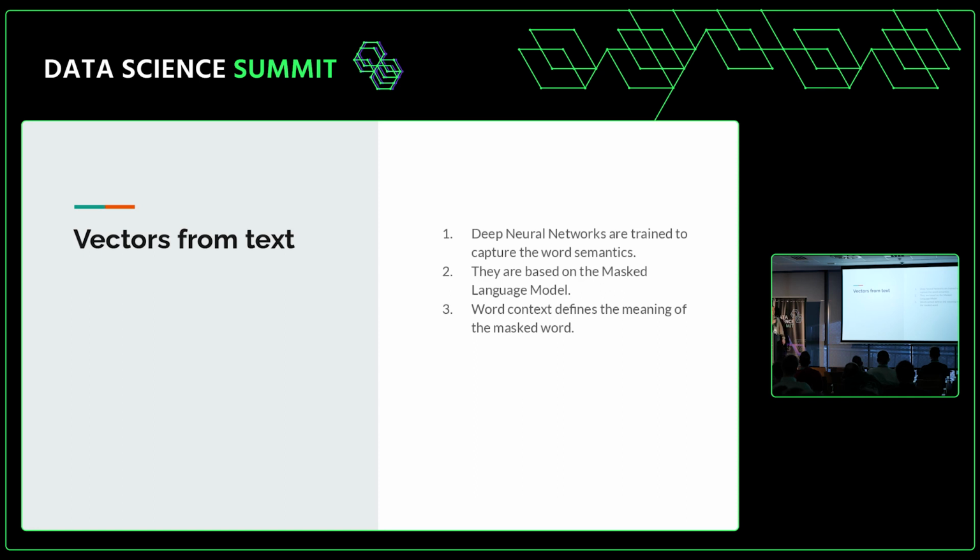So there are actually a lot of pre-trained models available, for example, at the Hugging Face repository. So you can actually take an existing model and use it right away, out of the box. And they are typically based on some masked language models, where context defines the meaning of a word.